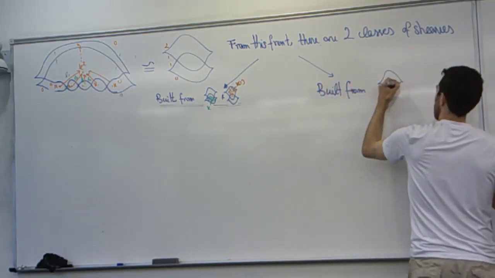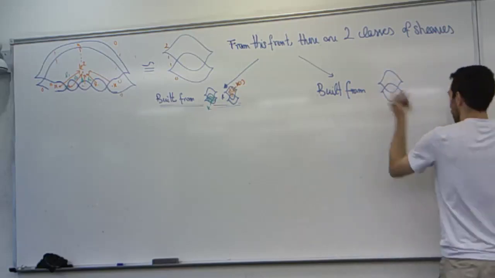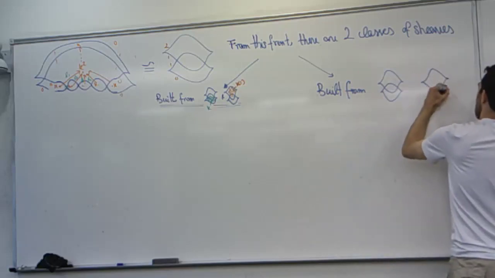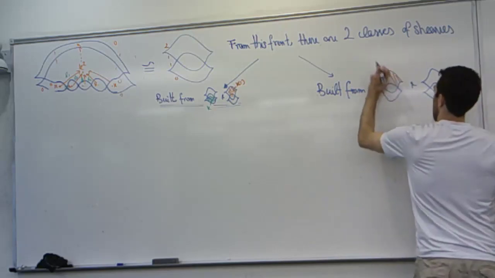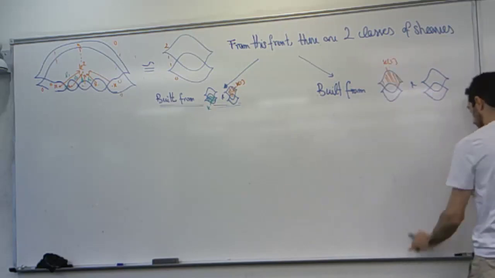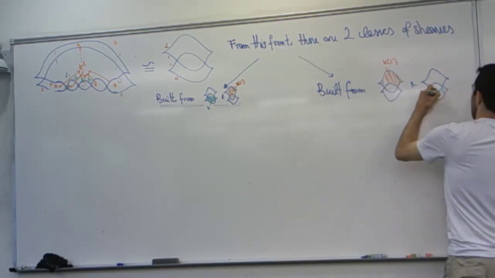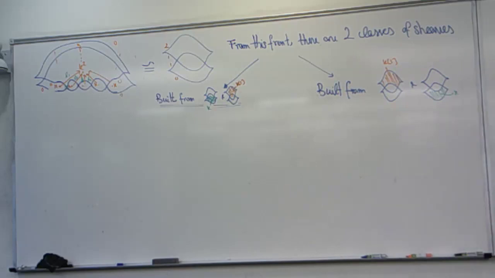Obviously, anybody familiar with rulings, this should be tickling your spidey sense. Have two switches. And you can also build from this guy on top, shifted by 1, and then the other one. Are we okay so far?